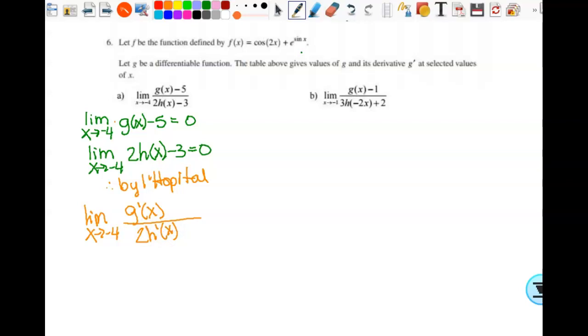Is h prime of -4 0? Okay, just making sure it's not 0, right? That way I don't have to. So I can go from here. What is g prime of -4? -1. And then 2 times, what's h prime of -4? 1/2. So that gives me -1 over 1 is -1.